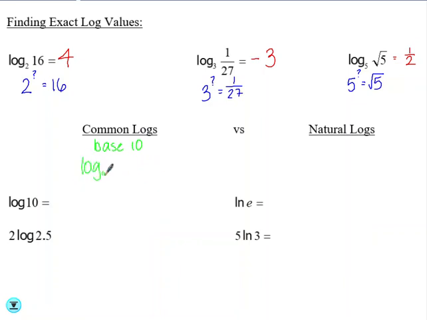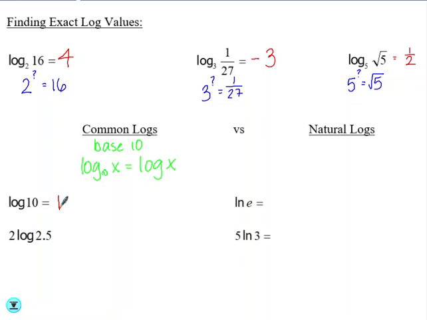So log base 10 of x is the same as just log of x. If there is no base written, then the base is 10. So if we look at a couple examples here, log of 10, saying log base 10 of 10. So 10 to what power gives us 10? 1.